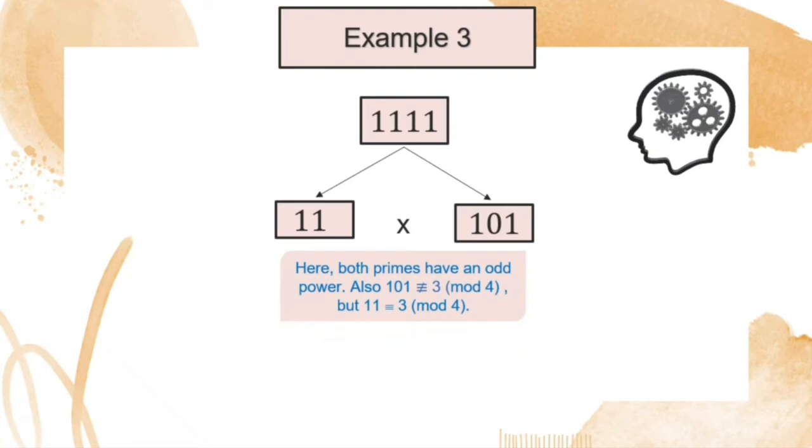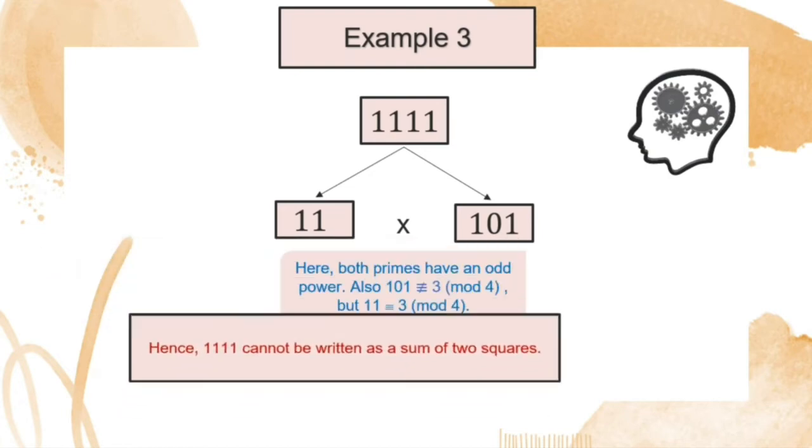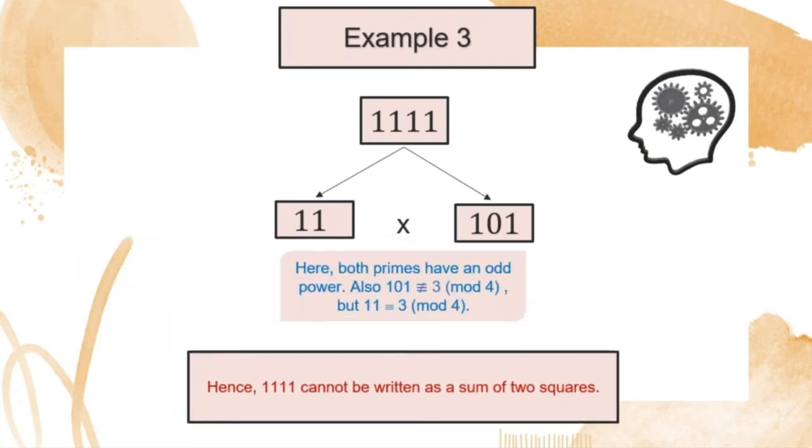Here, both primes have an odd power. 101 is not congruent to 3 mod 4, but 11 is congruent to 3 mod 4. So, for this number, 1111 cannot be written as a sum of two squares.